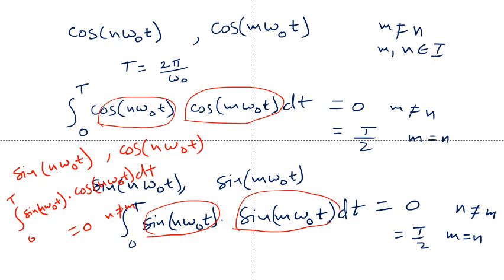So what you have seen in this slide is that cos and sine are orthogonal to each other.